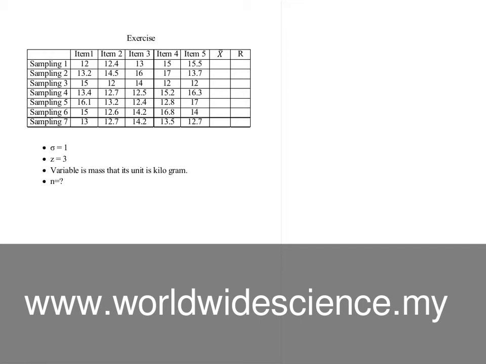So we sum up these 5 numbers in each sampling and calculate x bar for that sampling. For example, in sampling 1, we should sum up 12, 12.4, 13, 15, 15.5. Then the result should be divided by 5. It gives you x bar.